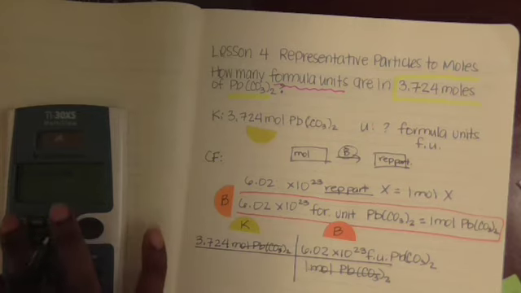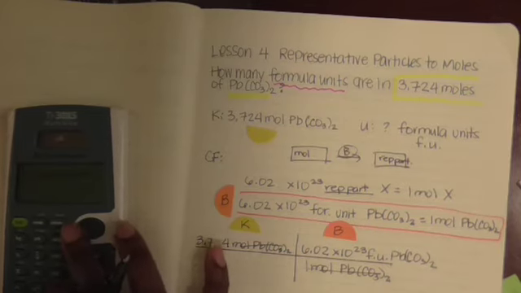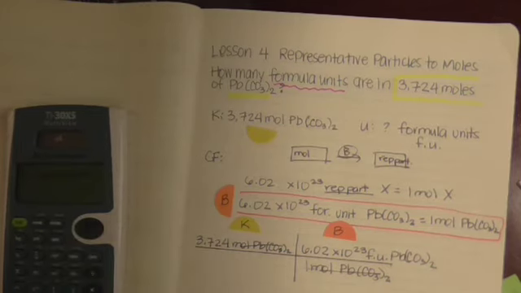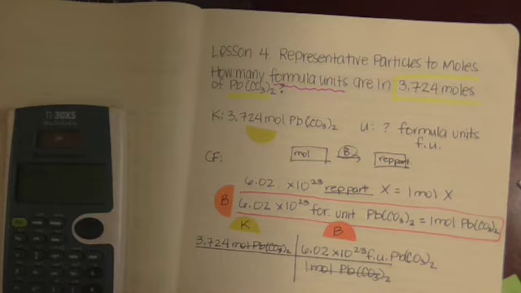One other note: I would always put this in parentheses, especially if you are not using the EXP button on your calculator. It solves a lot of different issues. If you're using the EXP button or the EE button on your calculator, you don't have to do that.